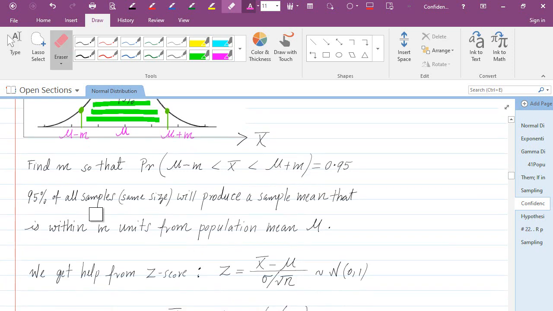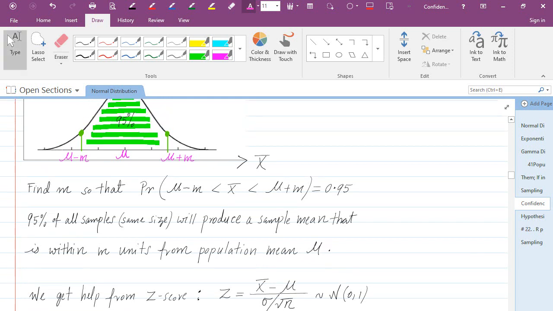So 95% of all samples will produce a sample mean that is within m units from the population mean mu. So again, that's what we want to find. We want to find m so that this probability is 95%.